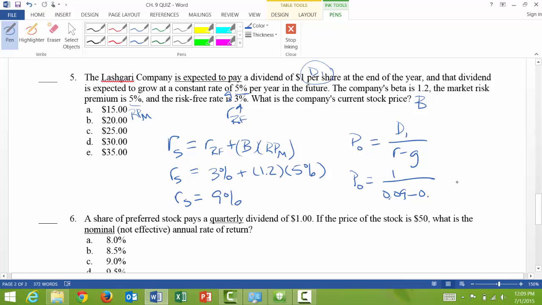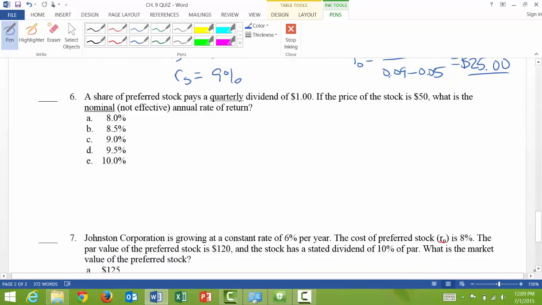And let's see, the growth rate was 5%, so minus 5%. And when you take 1 divided by 0.04, you get $25 as the expected price. And that's answer C.